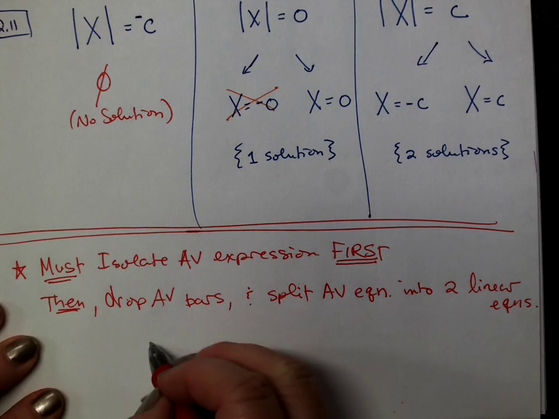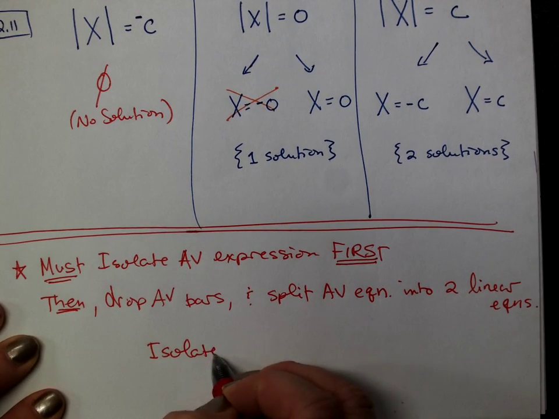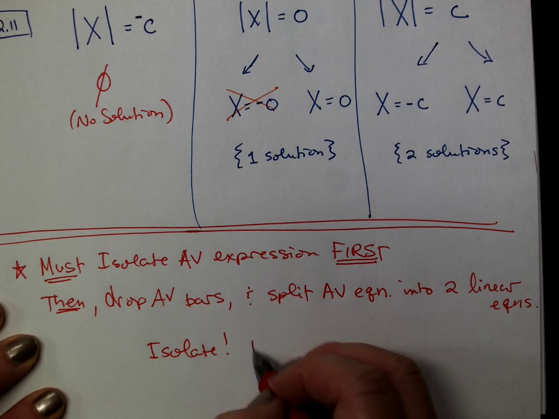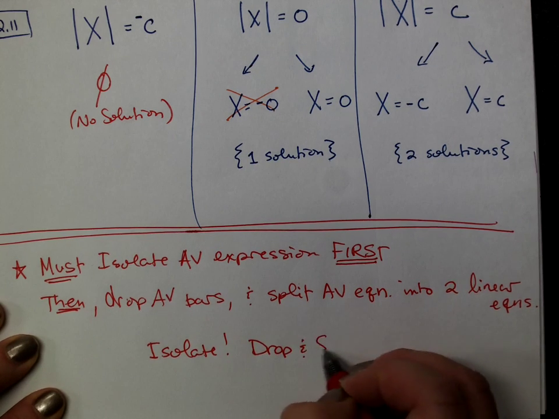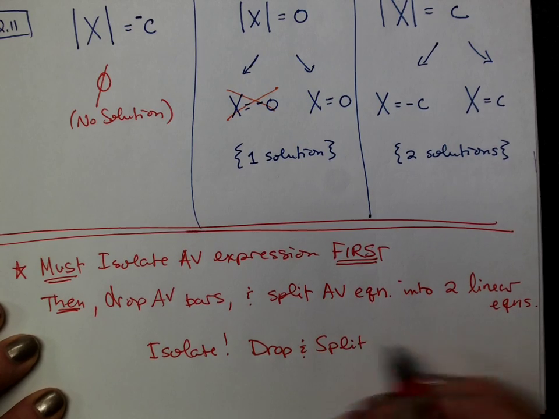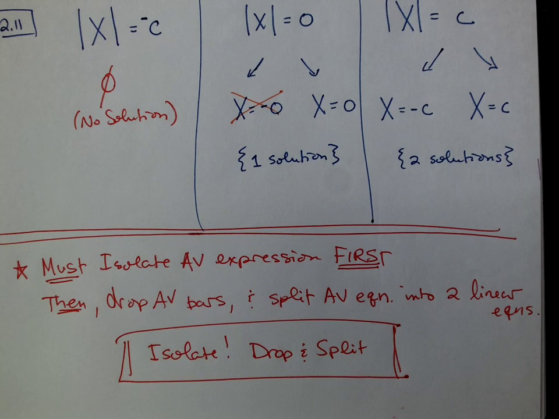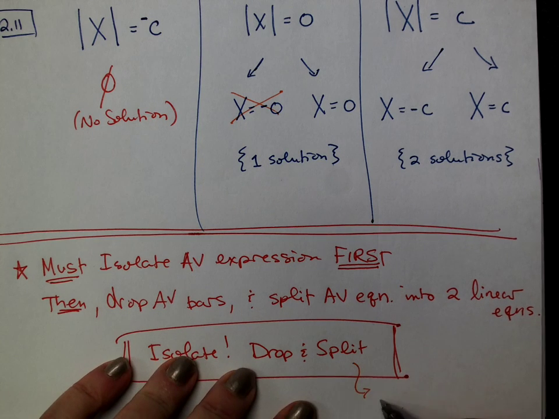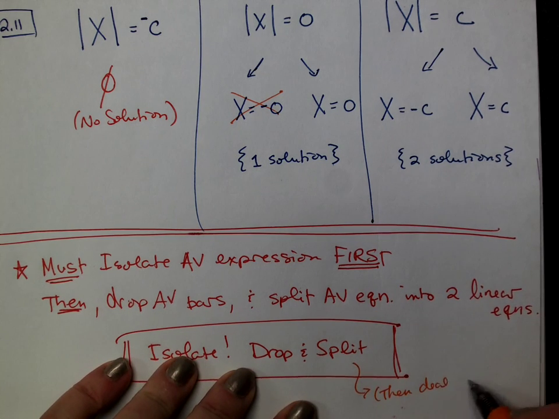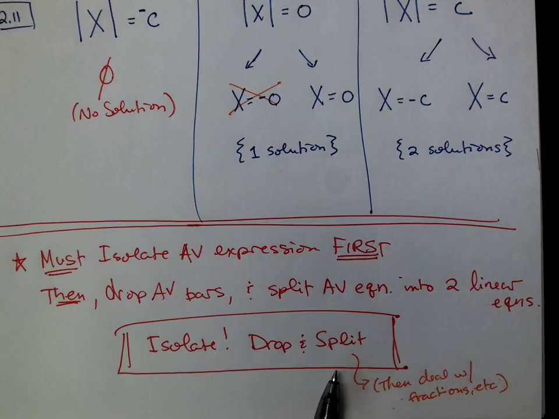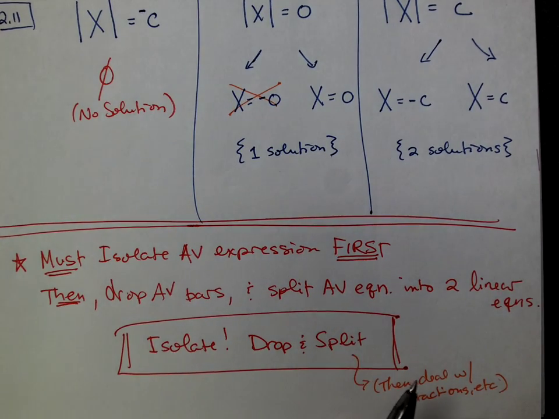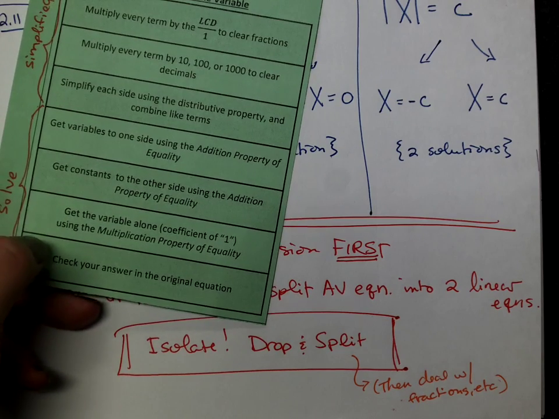So basically the idea is isolate first. So isolate, then drop the bars and split into two linears. And it's only after you split that you deal with fractions, etc. Because after you split, that's when you have two linears, and that's when you use your linear general strategy, such as killing fractions and decimals.